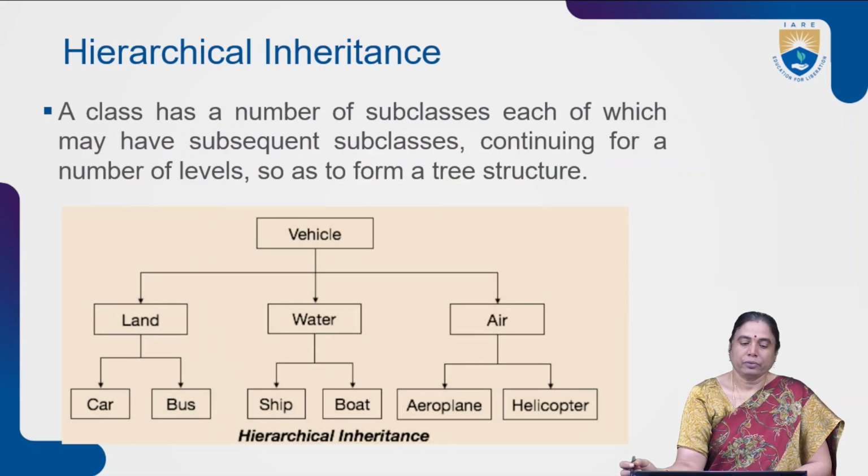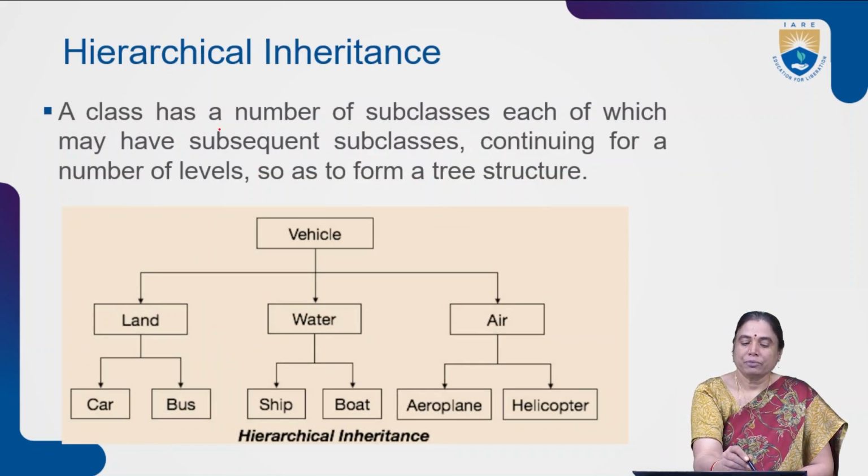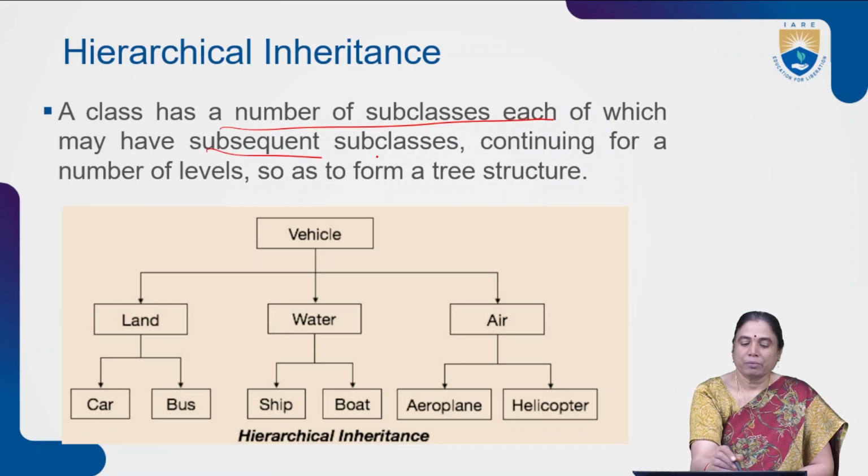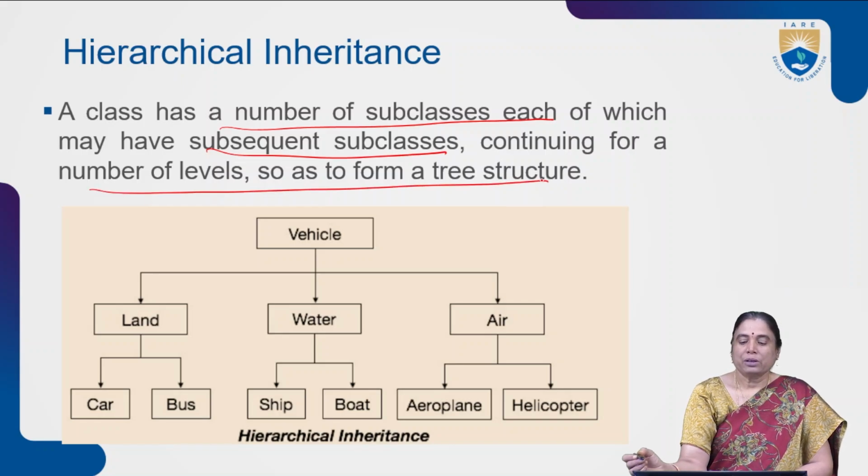Hierarchical inheritance. A class has a number of subclasses, each of which may have subsequent subclasses continuing for a number of levels so as to form a tree structure, that is called hierarchical inheritance. Consider an example, vehicle.